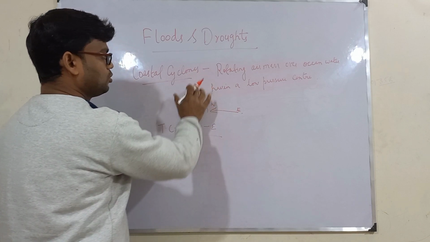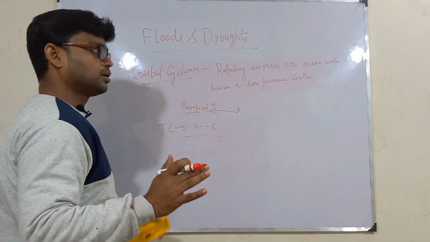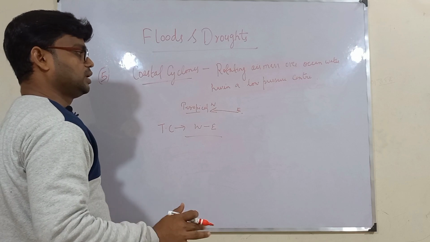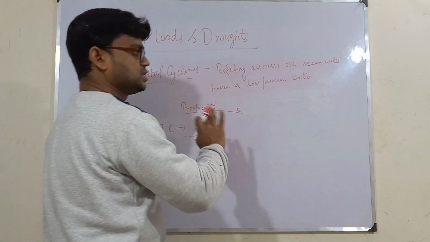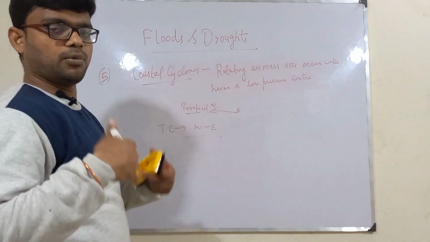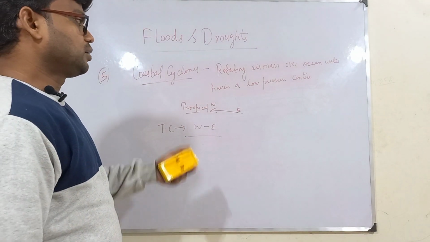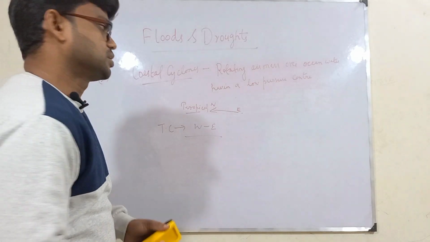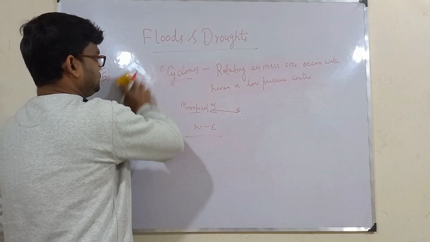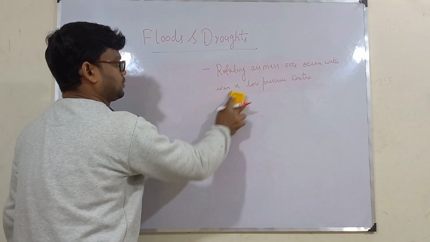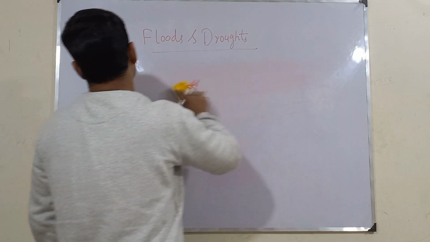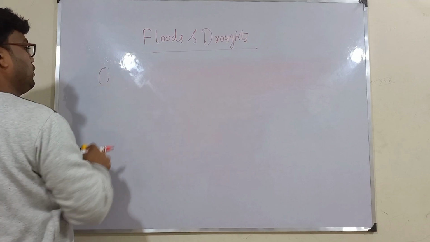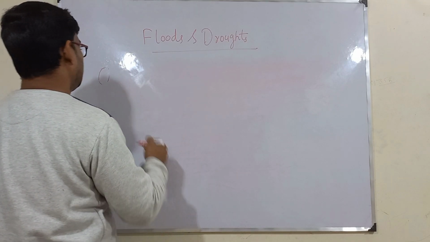So while these cyclones are moving, they carry a lot of water along with them, and when they reach the coastal areas, they deposit the water there, causing floods in coastal regions. So our fifth point was coastal floods.